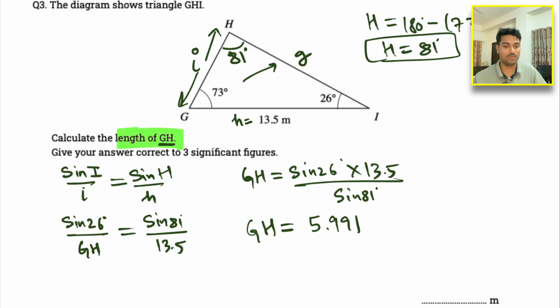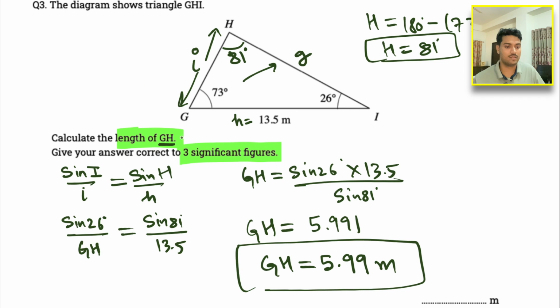That's GH, but we again have to write the answer correct up to 3 significant figures. So GH will be 5.99 meters, and this is the final answer, 5.99 meters.